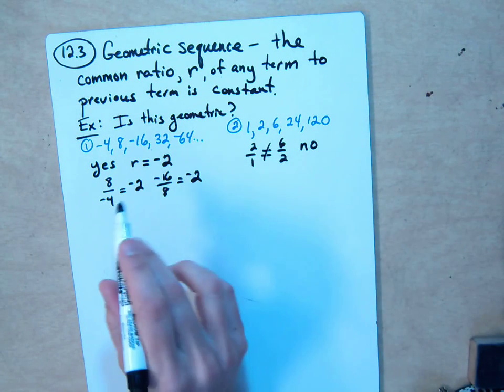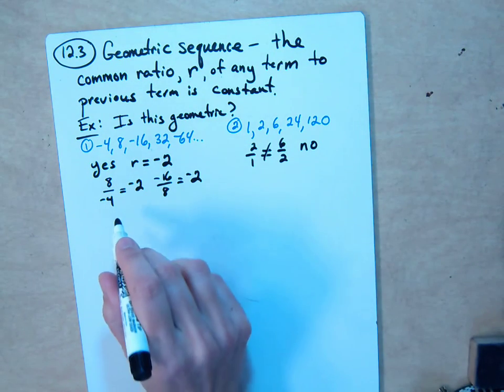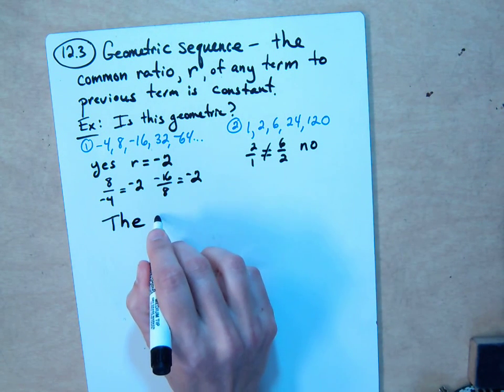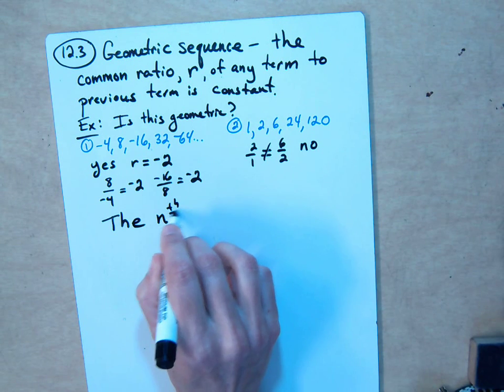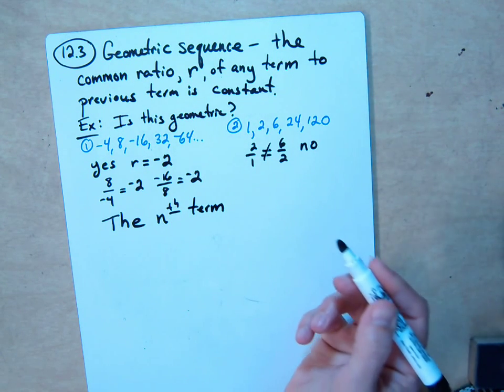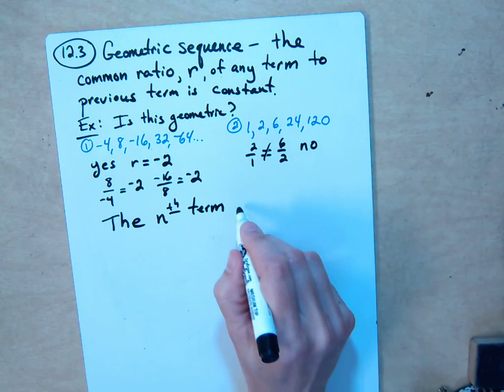There's a formula for this, and it's so obvious from the definition that you should know it without being given it. Our objective for today is to find a formula for the nth term.